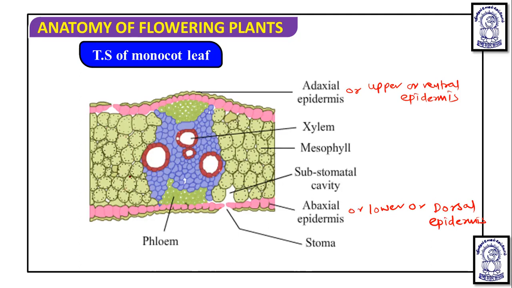And between the upper and lower epidermis, you will see the presence of mesophyll cells. The important thing is that these mesophyll cells are not differentiated into palisade and spongy mesophyll, as we have seen in the dicot leaf. Now, you will see the presence of xylem, that is the vascular bundle, and the phloem, as you can see here.